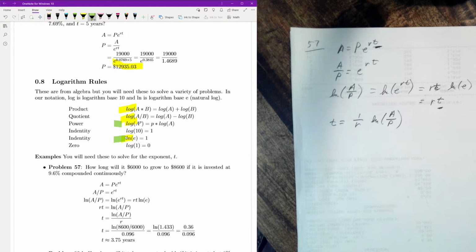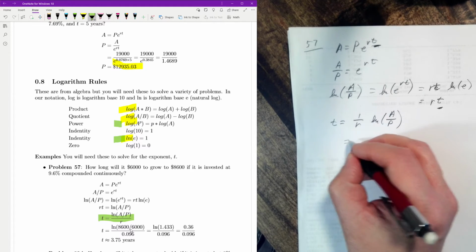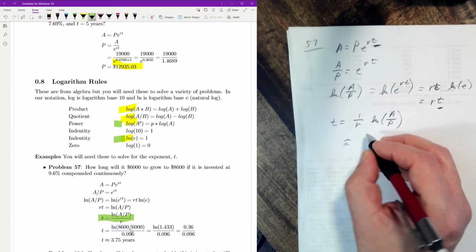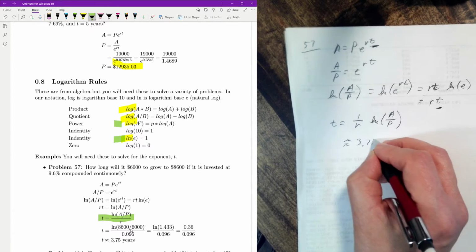And we should be seeing that result here. Using the values that were given, 8,600, 6,000, and divided by 0.096. We should end up, using your calculator correctly, this should be about, it's not going to be exactly, but it's about 3.75 years.